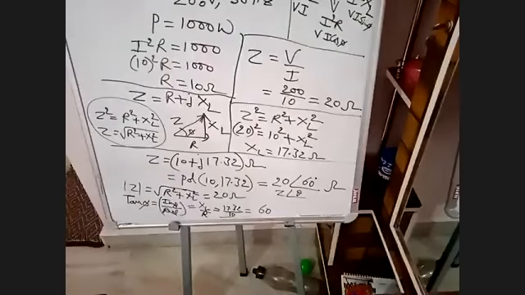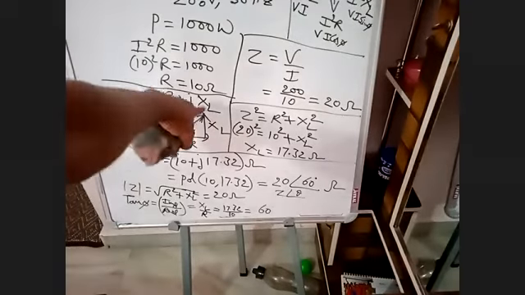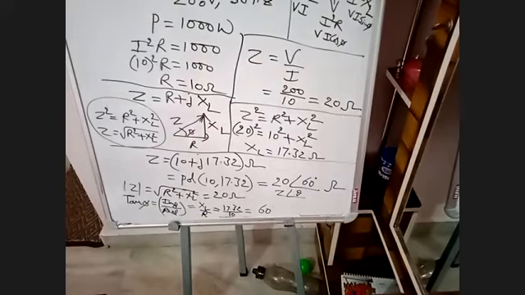If you bring the square to this side, it will become square root of R square plus XL square. That is the magnitude. But we want angle also in polar form. Angle: tan phi is equal to imaginary part by real part. Your imaginary part is XL, real part is R. Otherwise, opposite side by adjacent side. Tan phi is equal to XL by R. Take tan inverse of that one. You will get 60 degrees. It is better to use the calculator. It will be very simple instead of going through all these things.